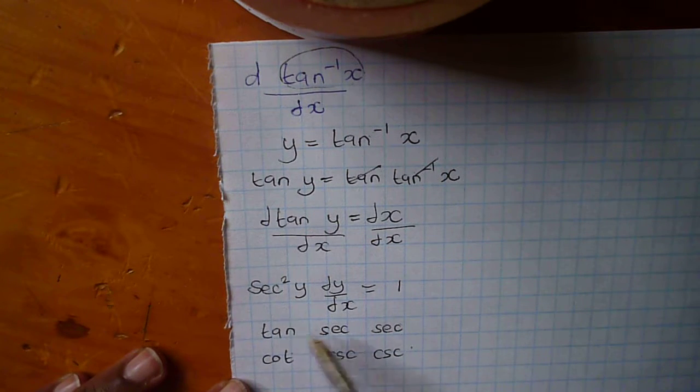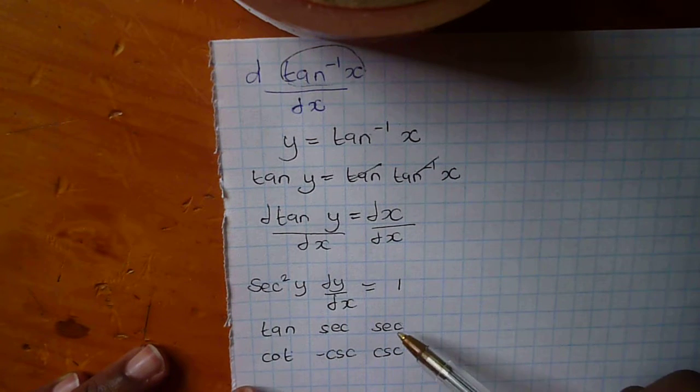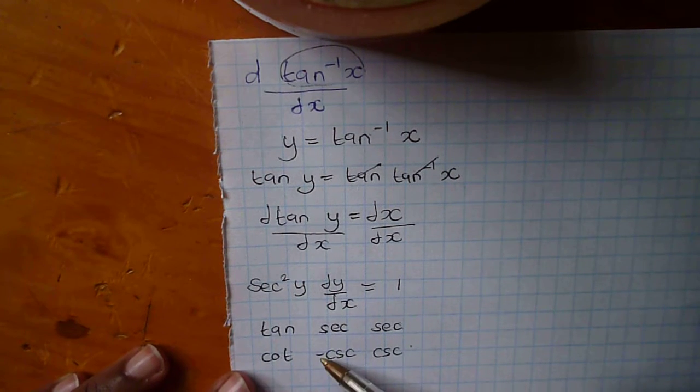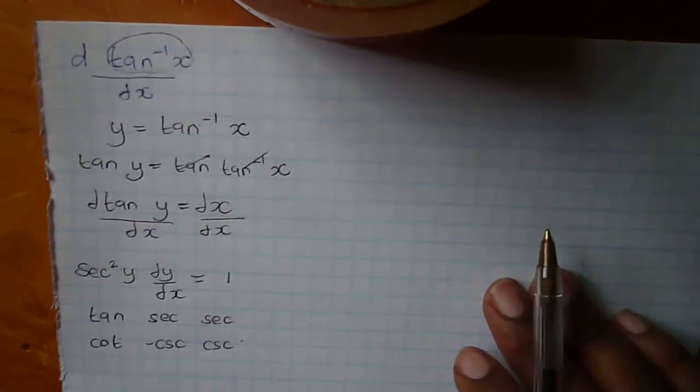The derivative of tan will be the multiplication of these two, so it will be sec squared. The derivative of cot will be negative cosec squared. And what about the derivative of sec? It will be sec x tan x. What about the derivative of cosec? It will be negative cosec x cot x. Okay, so this is something that you can use to remember.